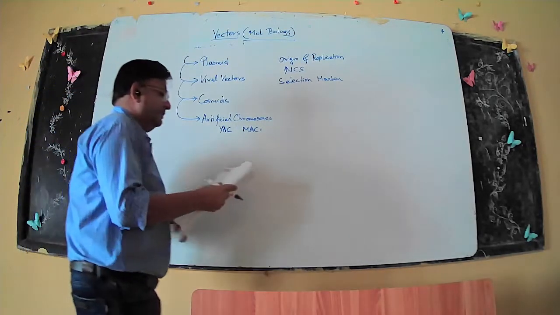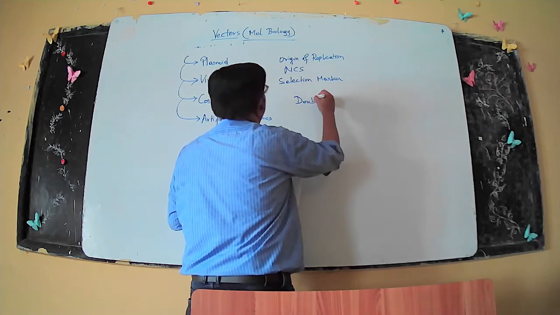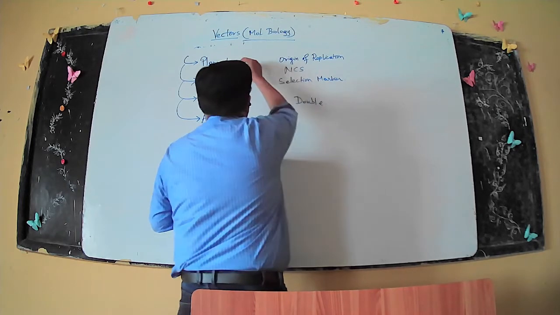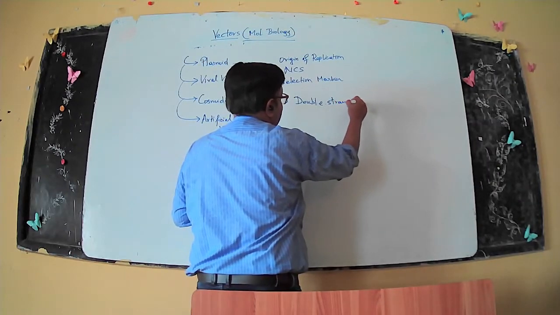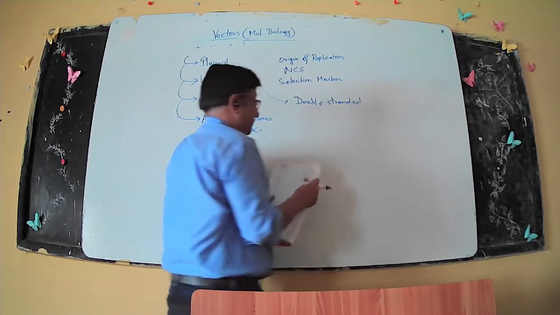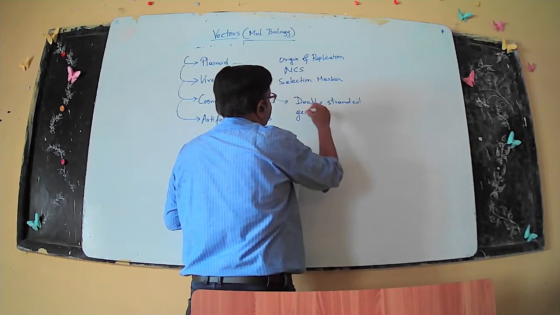So what are plasmids? They are double-stranded, generally circular, not always.